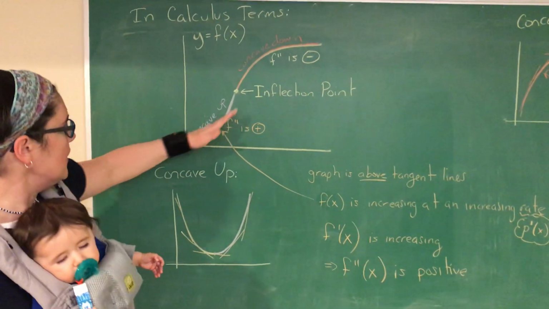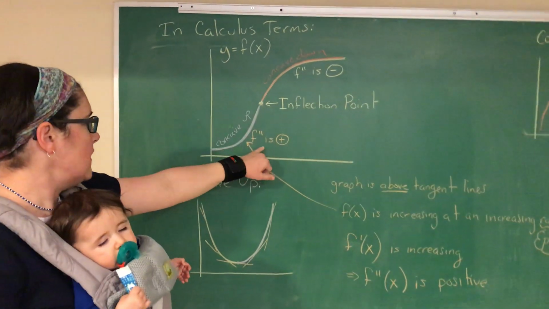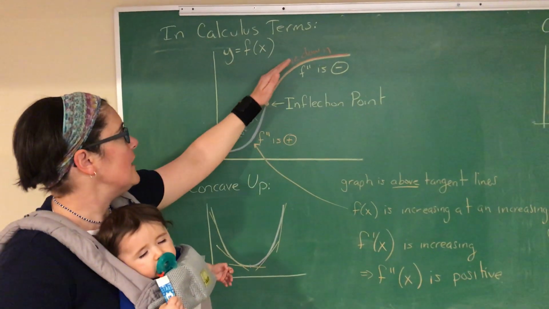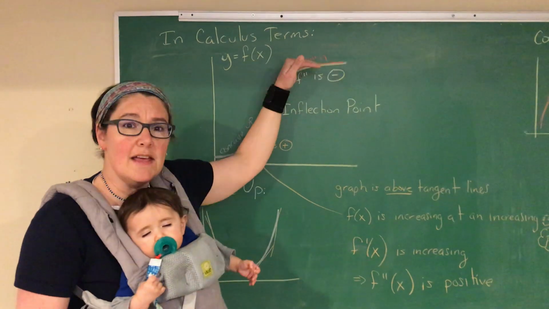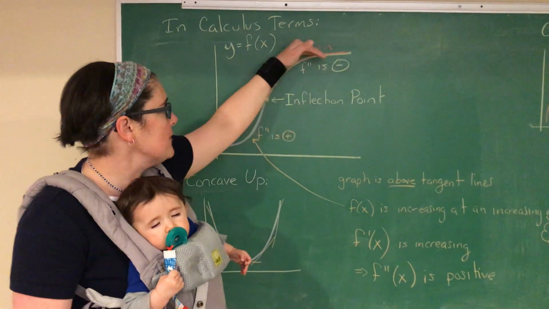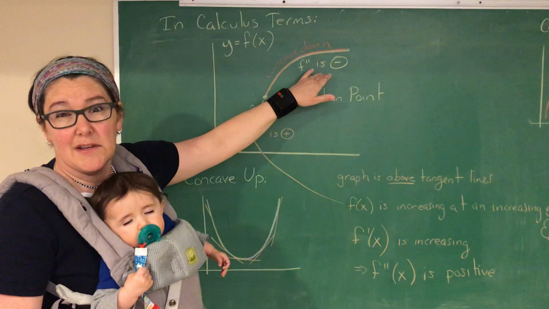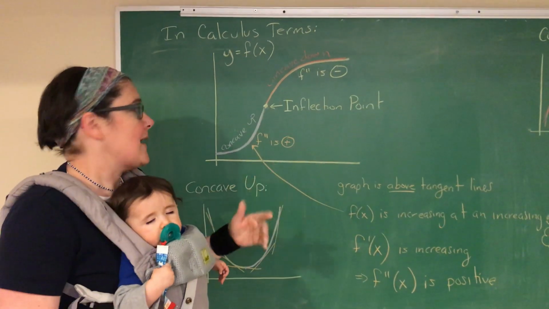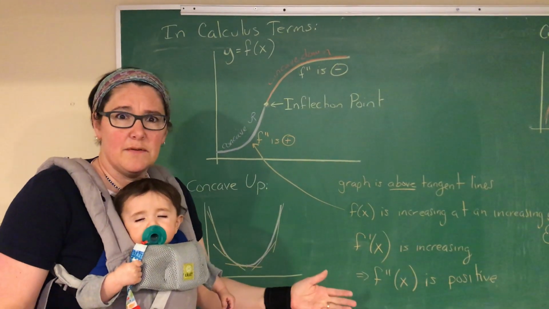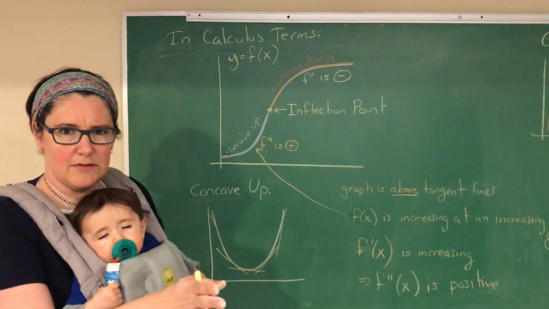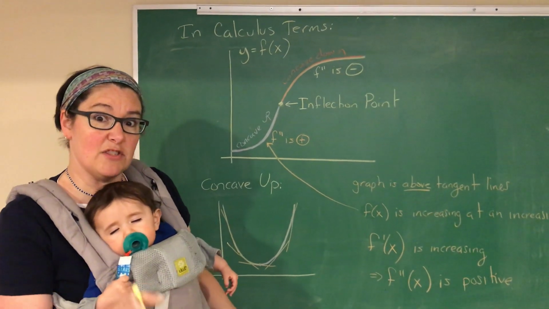So when you have this upward U shape, then our second derivative is positive. When you have this downward kind of a lowercase n type shape, then your second derivative is negative. Now, you might ask yourself, well, what happens halfway between positive and negative? Well, halfway between positive and negative, or between negative and positive, is 0.